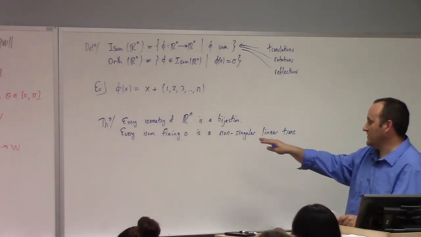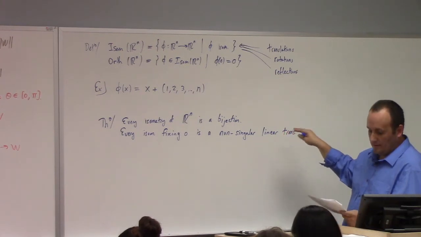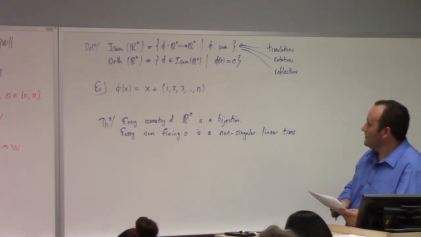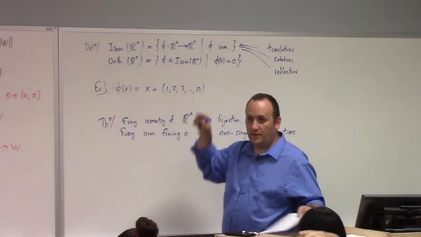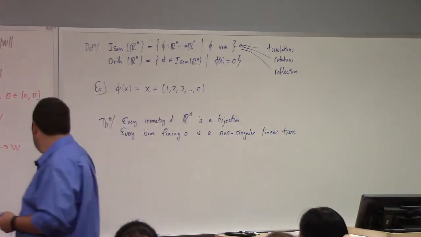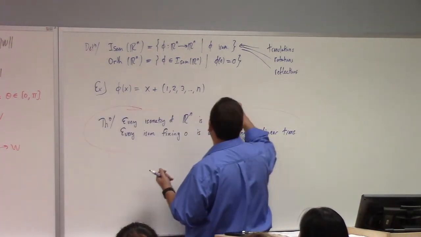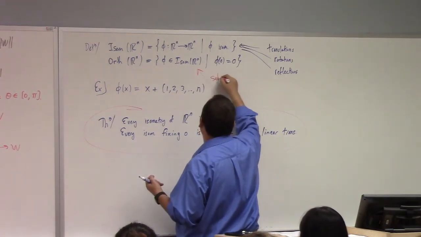Every isometry fixing 0 is in fact a non-singular linear transformation. This is a theorem you can prove. And so with that in hand, that means that the orthogonal group of Rn is actually a set of linear transformations.